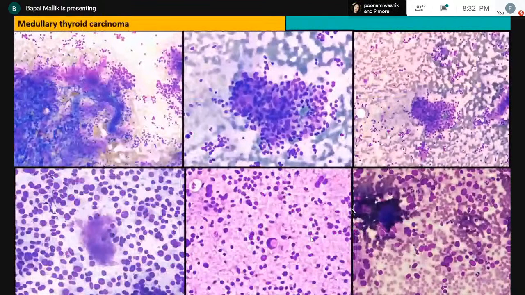Right. This is a collage of medullary thyroid carcinomas. As you can see over here, it's a big fragment, cells just falling apart at this particular magnification. Very difficult. Here again, it shows a microfollicular pattern, but again, cells coming out over here. Again, a very low magnification with cells falling apart. But look at this one.